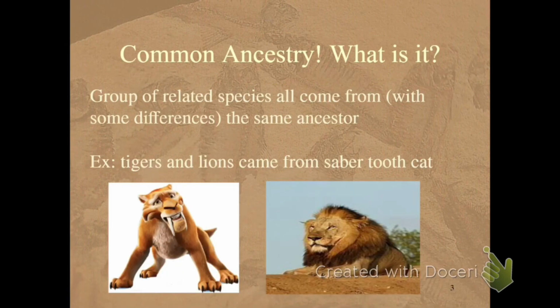All right, moving on. Common ancestry, what is it? So left-hand column, you're going to put the term common ancestry. So new heading, new ink. Change your pen. Common ancestry is a group of related species that come from the same ancestor.